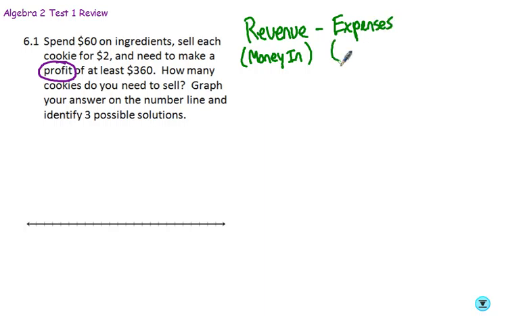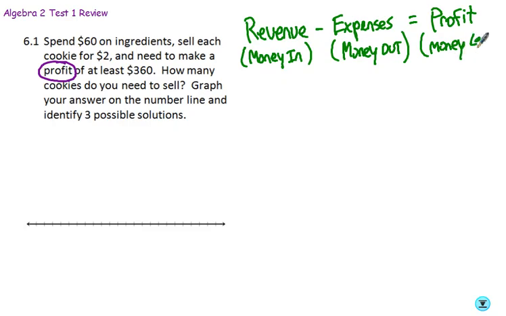Maybe you have to pay rent, or in this case, we have to buy the flour and the sugar and all this stuff to be able to make the cookies. So that's money that goes out. And then what we're hoping for is that we have a profit, which is the money left over.